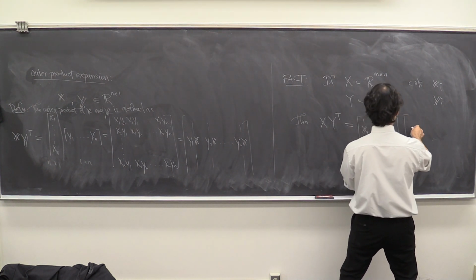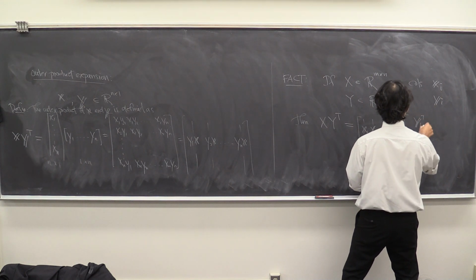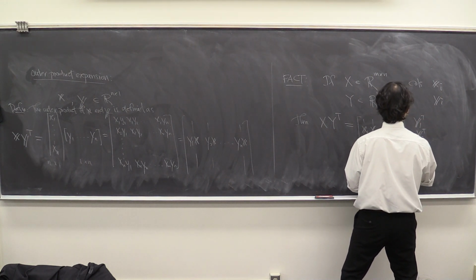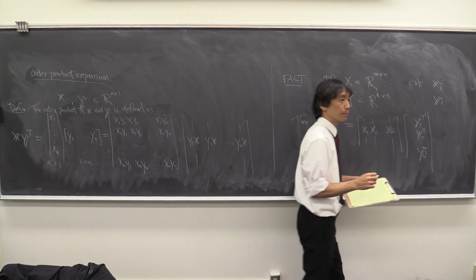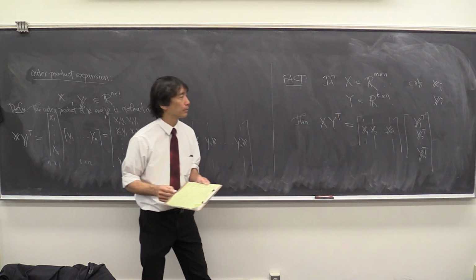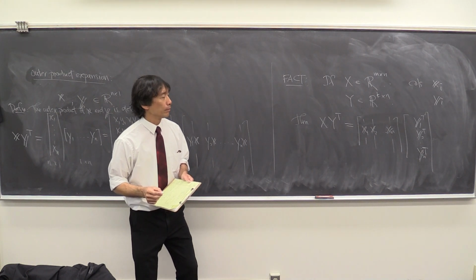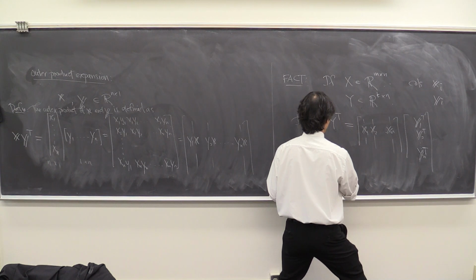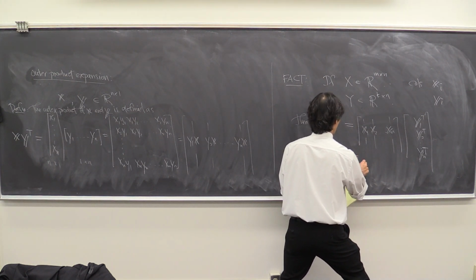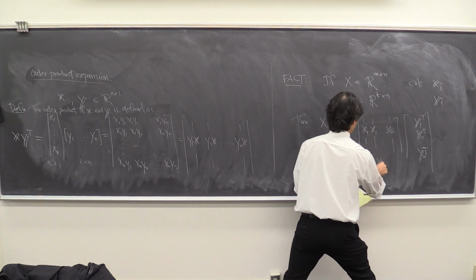Y transpose is y1 transpose, y2 transpose, through yn transpose. And that turns into this sum of outer products.